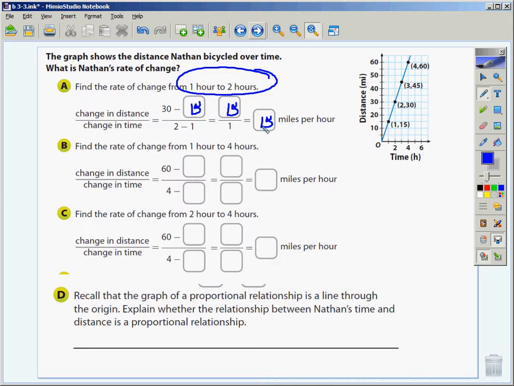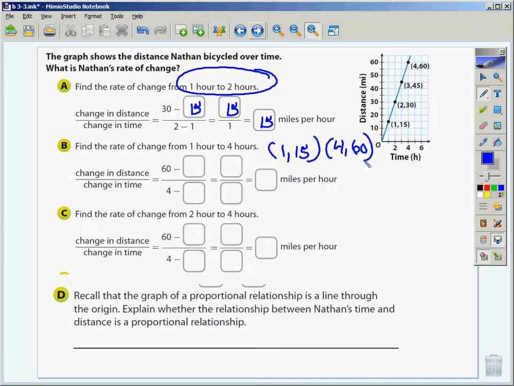They're actually going to have us do it several times. I'm going to do one more. They said from 1 hour to 4 hours. What's the two ordered pairs? 1 hour is what? 1 and 15. 4 and 60.